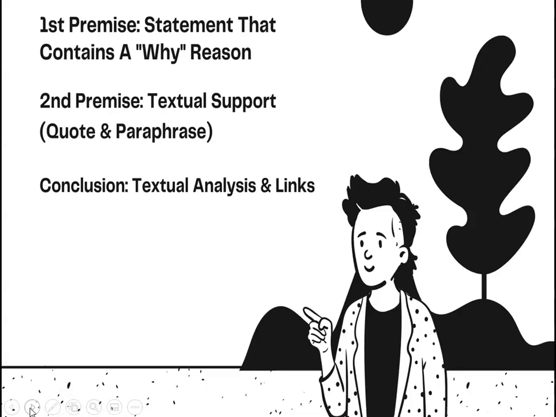So I'll give you an example. Let's say, for example, in premise 1, I state arsenic is deadly. And in the second premise, I say my dog ate arsenic. In the conclusion, we're going to draw a natural line of reasoning that says my dog is going to die.